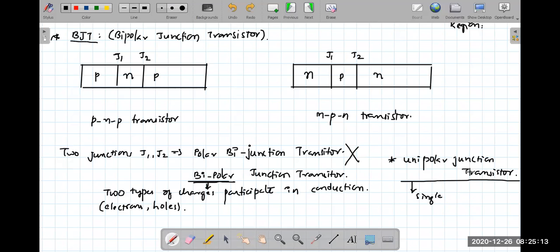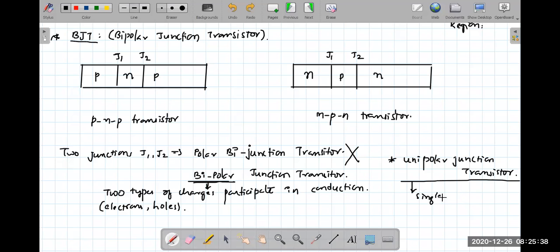You're correct, Vivek. Vivek says that wires are unipolar junction transistors. I agree with you that electrons are the only ones taking part in conduction. But the issue is, wire is not a transistor.